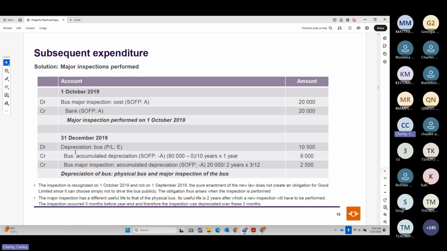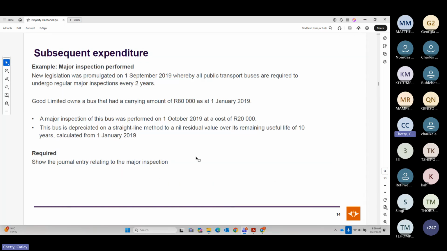So let's start with the bus accumulated depreciation. They told us that the bus is depreciated on a straight line method to a nil residual value over its remaining useful life of 10 years. And the bus had a carrying amount of 80,000 Rand.